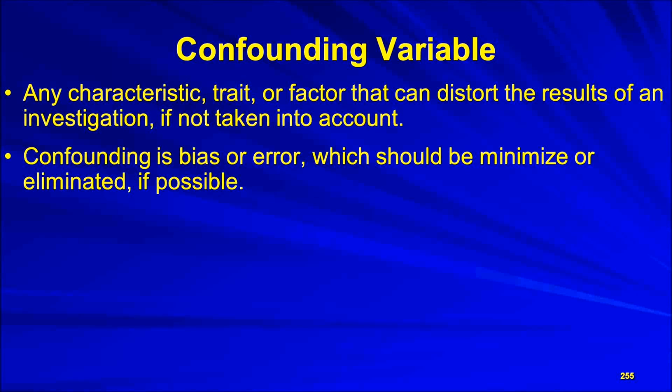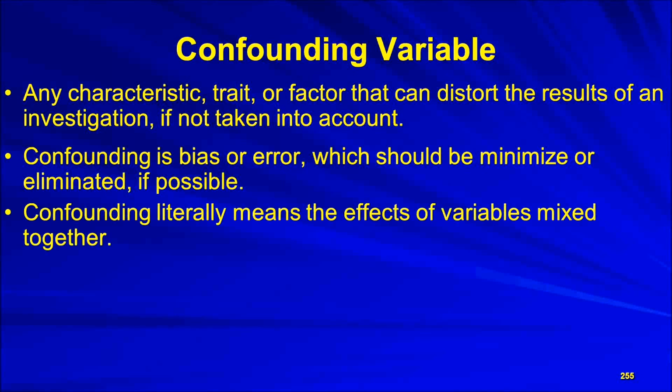Okay, and so confounding, as we're seeing here, just means two variables mixed together that we can't separate the effects. That's all it means. Okay, no more complicated than that. So we want to identify what is really the best estimate or the most accurate score that we can obtain in looking at a subpopulation.